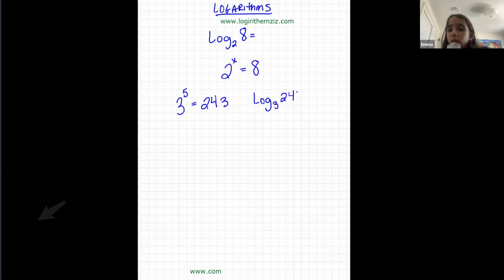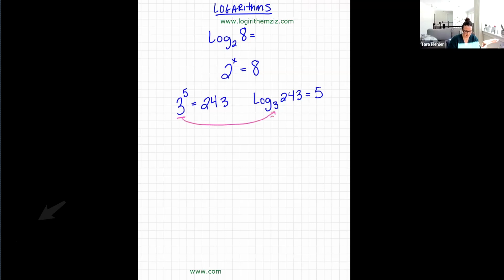This is how you go back and forth from logarithmic notation to exponential notation. You notice that the base becomes a subscript.